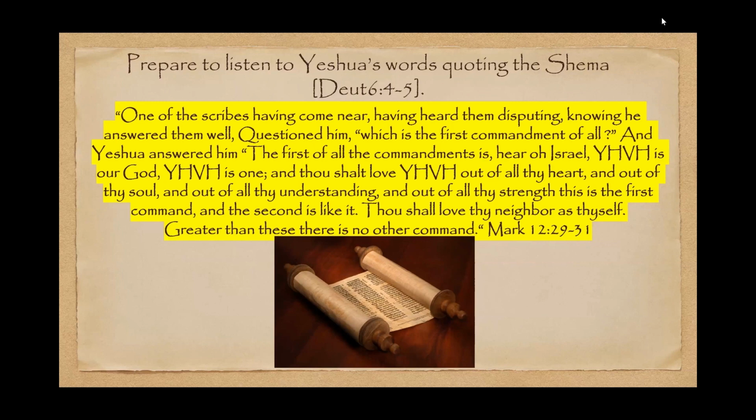And thou shalt love Yahweh out of all thy heart, and out of thy soul, and out of all thy understanding, and out of all thy strength. This is the first command. And the second is like it. Thou shalt love thy neighbor as thyself. Greater than these there is no other command. Mark 12, verses 29 to 31.